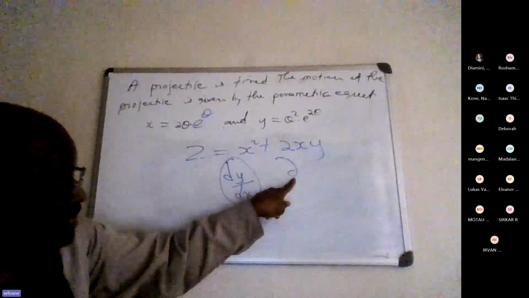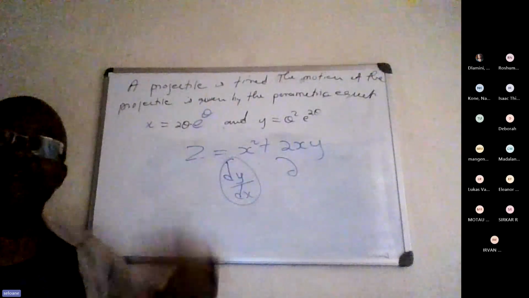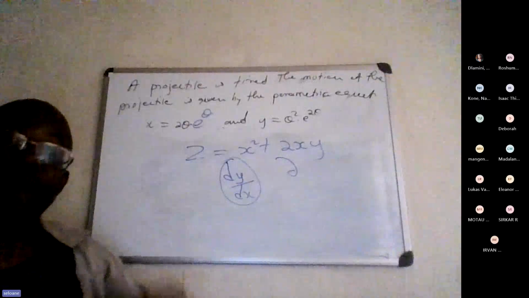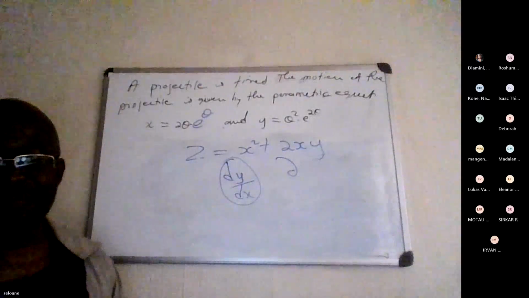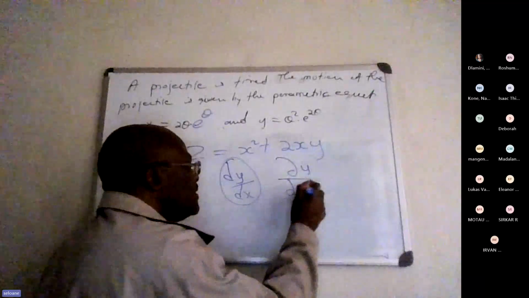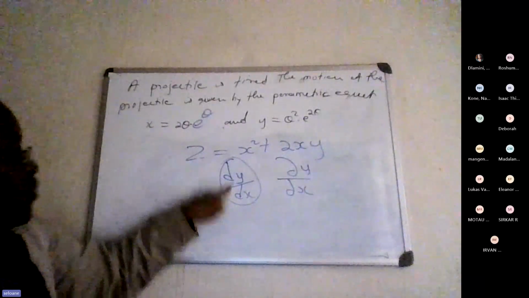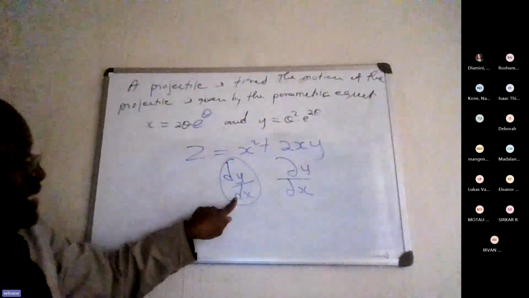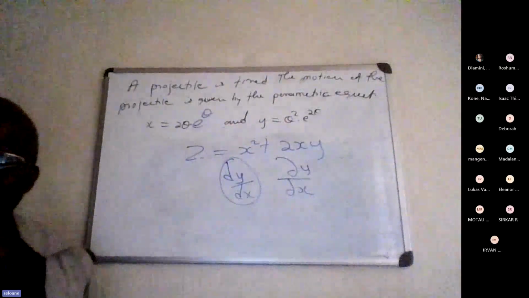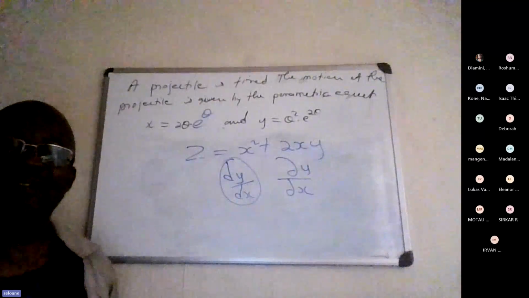Once you see this cursive d, it means we are differentiating multivariable functions.